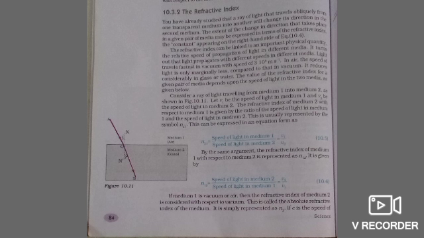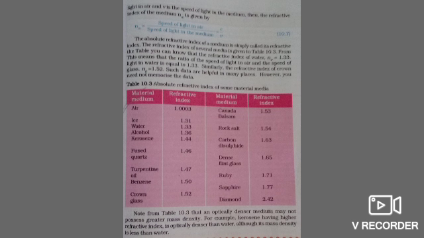So what is absolute refractive index? It is the ratio of speed of light in air to speed of light in medium. If medium 1 is air, then we can call it absolute refractive index. Absolute refractive index of a medium is simply called refractive index.